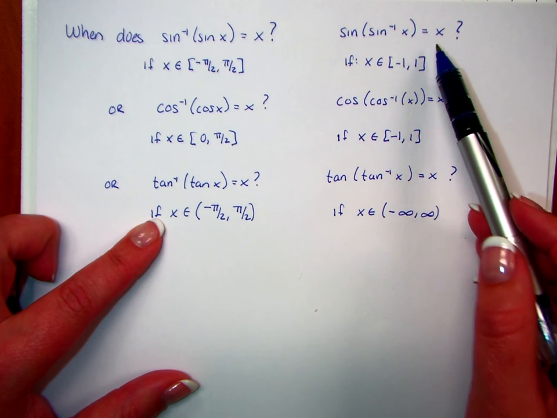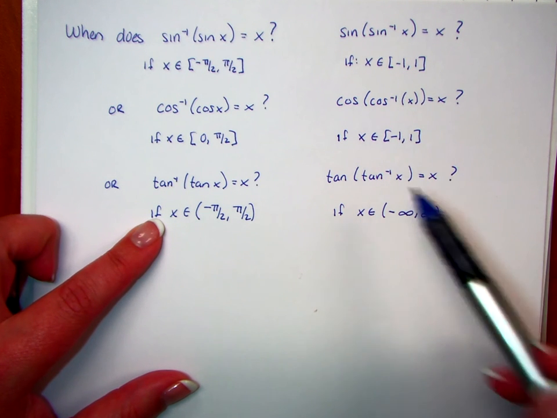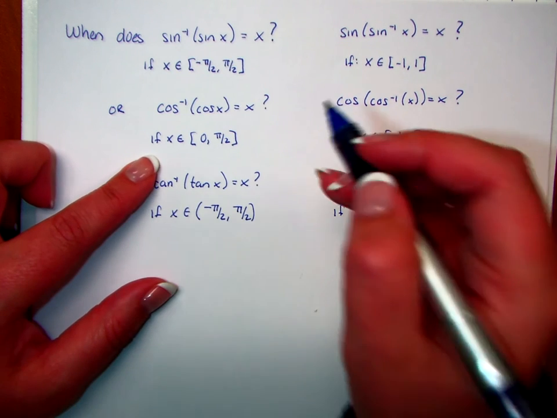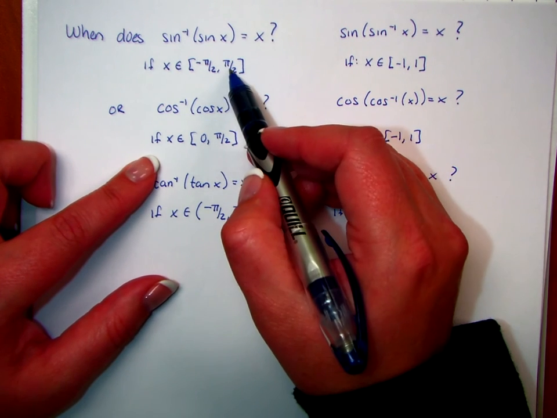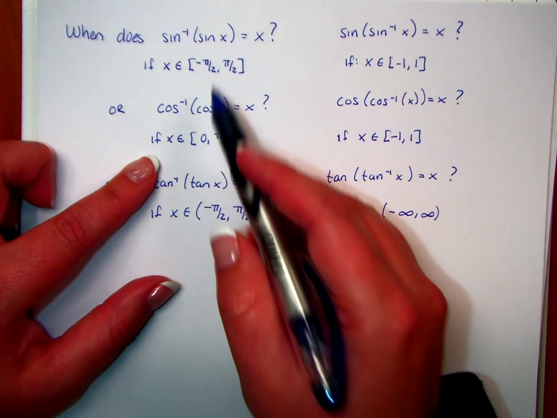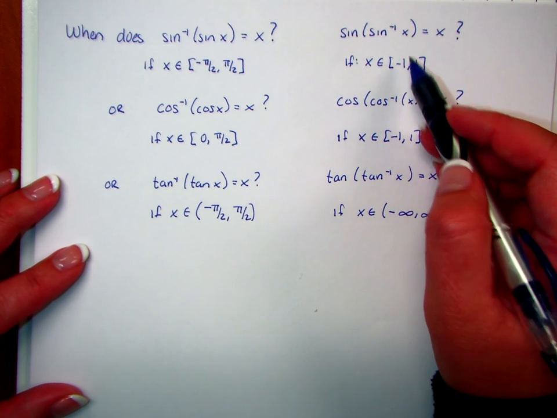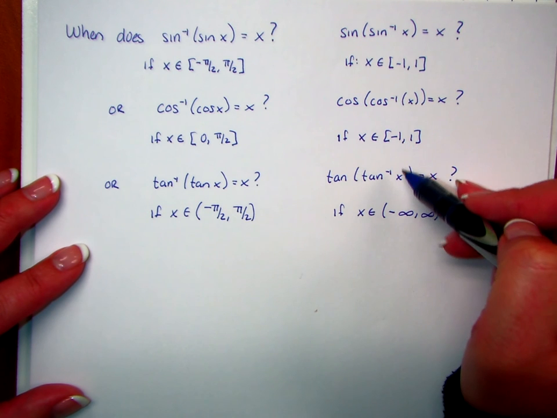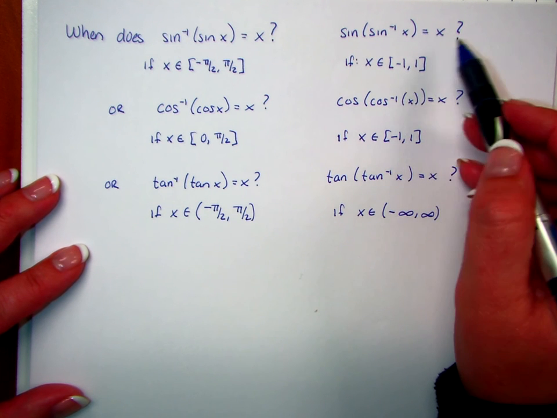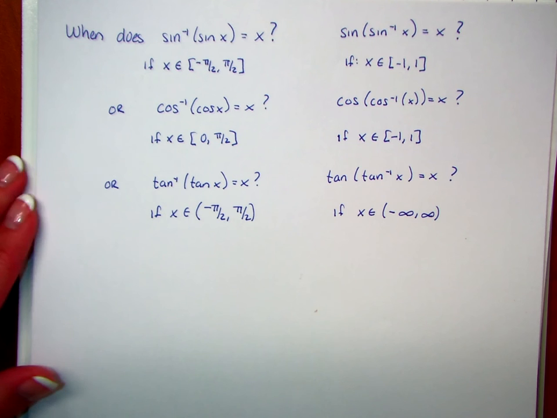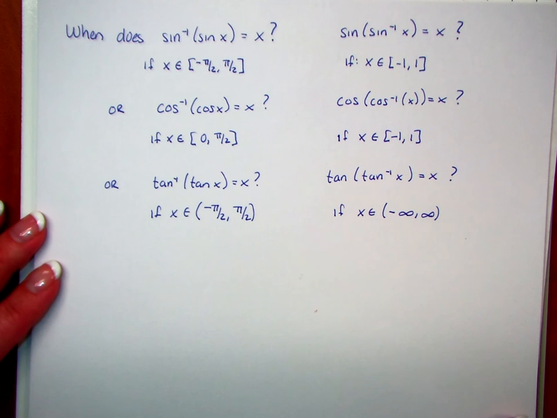There is no translating these. If they're in the domain, they cancel. If they're not, it's a different angle here. Here, if it's in the restricted domain, they cancel, and if it's not, then the answer does not exist. Let me put some examples here.